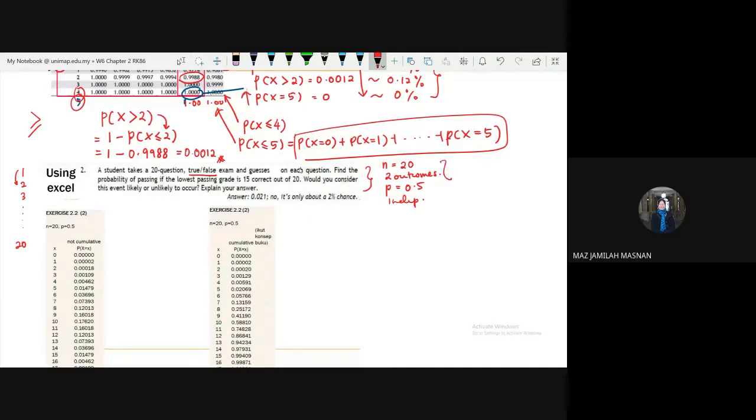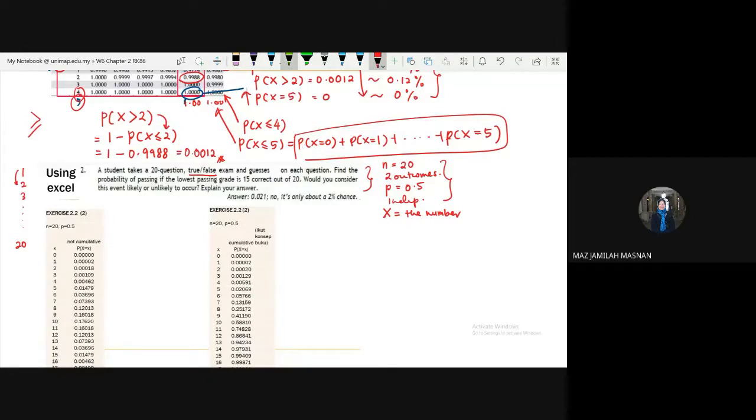Now, from here, let's begin with the interpretation of what your X will be. What will your X be in this case, class? It will always be the number of what?